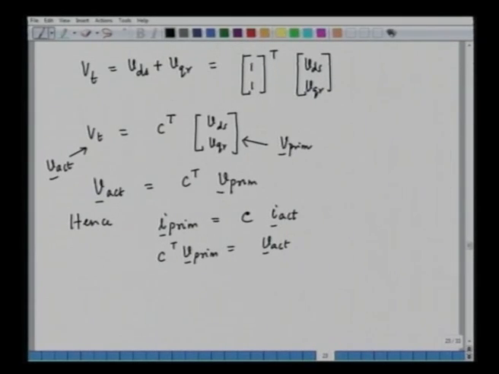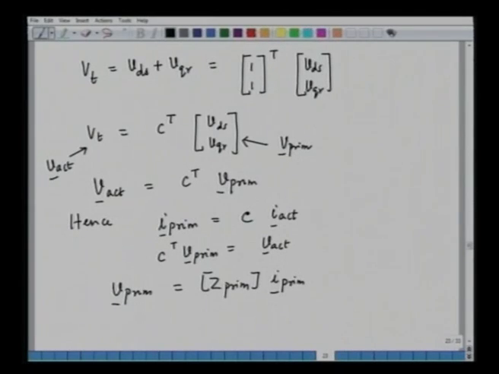So this is what we have here, and we know that V primitive is equal to Z primitive into I primitive. So this is basically the voltage equation, and Z primitive is the impedance matrix of the primitive machine, that is the Kron primitive machine, and I is the primitive current of the primitive machine.